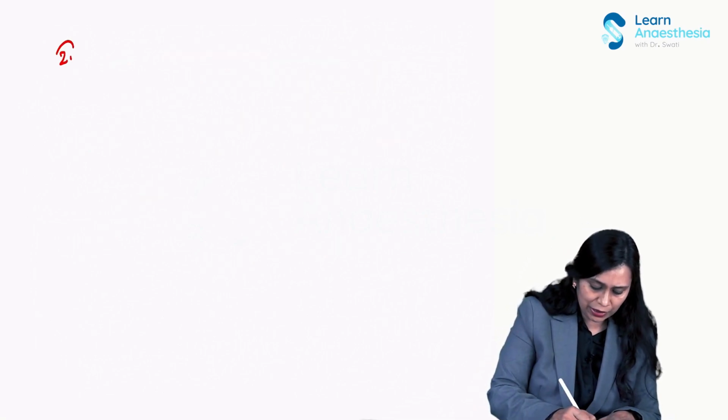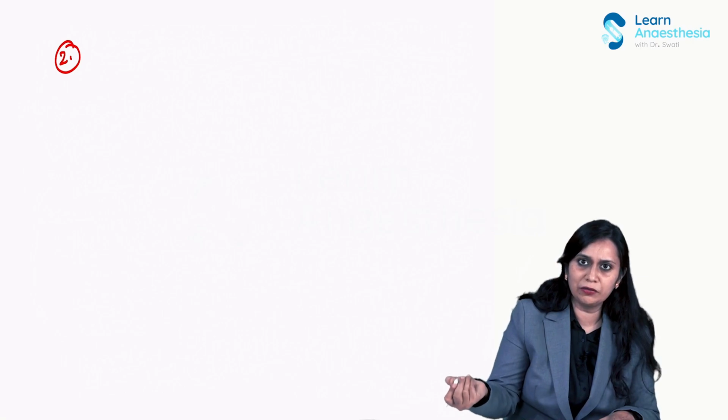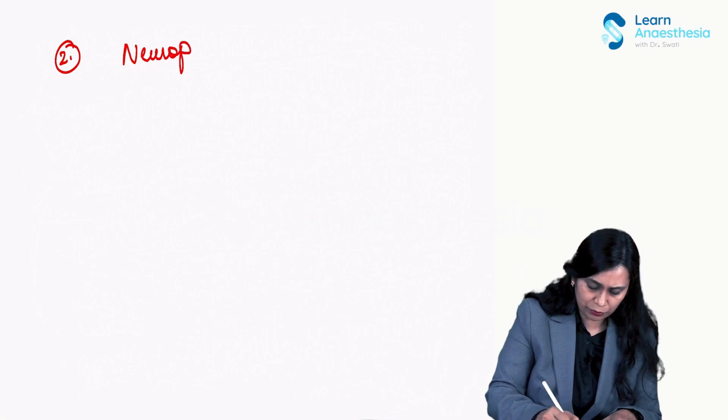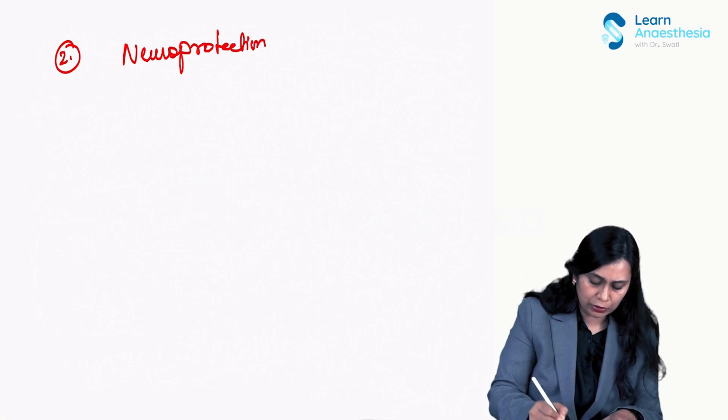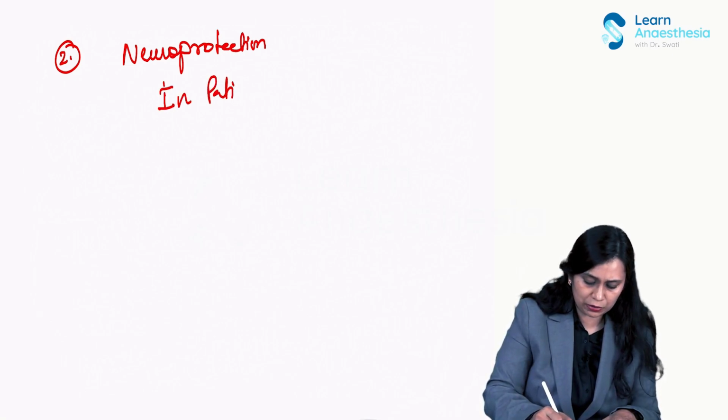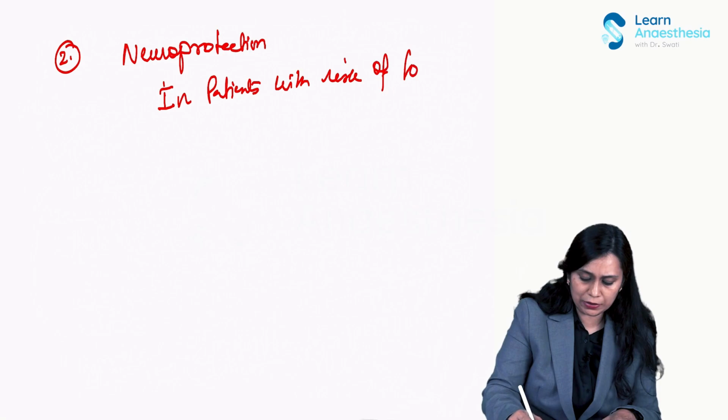Another use during anesthesia is cerebral protection, for surgeries in which we think there would be a decrease in perfusion of the brain and a risk of hypoxia. Thiopentone infusion is given to the patient to decrease any ischemic injury to the brain. So, neuroprotection in patients with risk of focal ischemia.